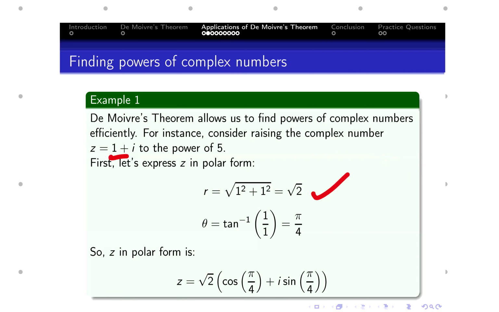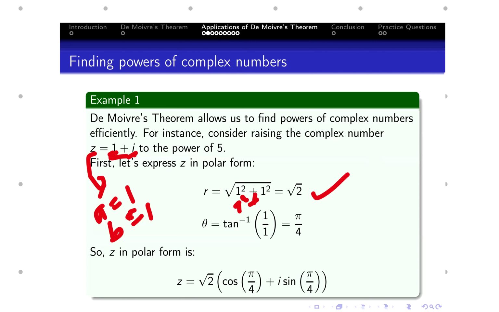From this z, we can see that a is 1, the real part, and b is also 1, the coefficient of i, where i is the imaginary unit. So r is equal to the square root of 1 squared plus 1 squared, that is the square root of 2.